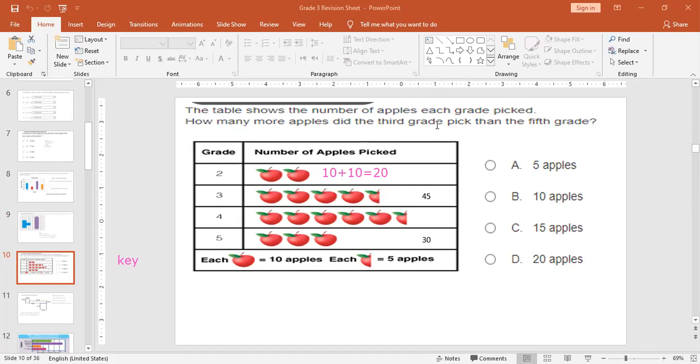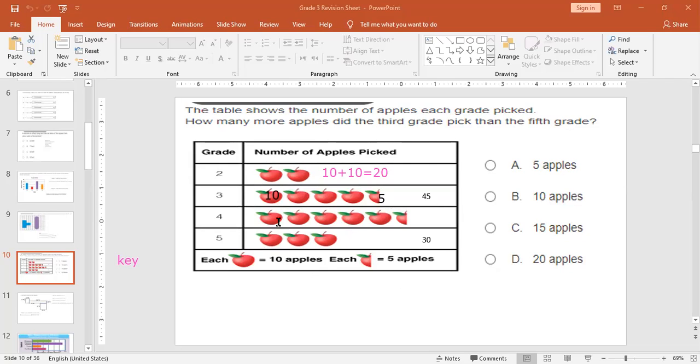So what is he asking me here? How many more apples did the third grade pick than the fifth? Here is the third grade. Let's count. Every one of the apples here is 10. So 10, 20, 30, 40, and the half one is 5. So that's 45.